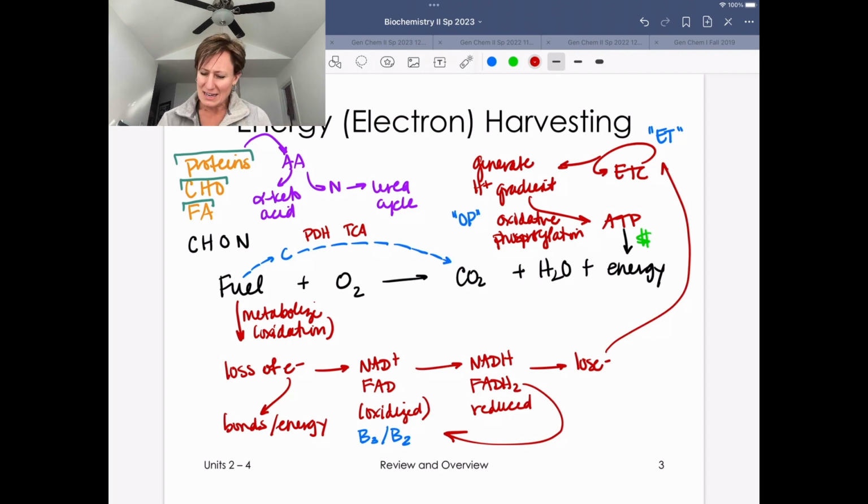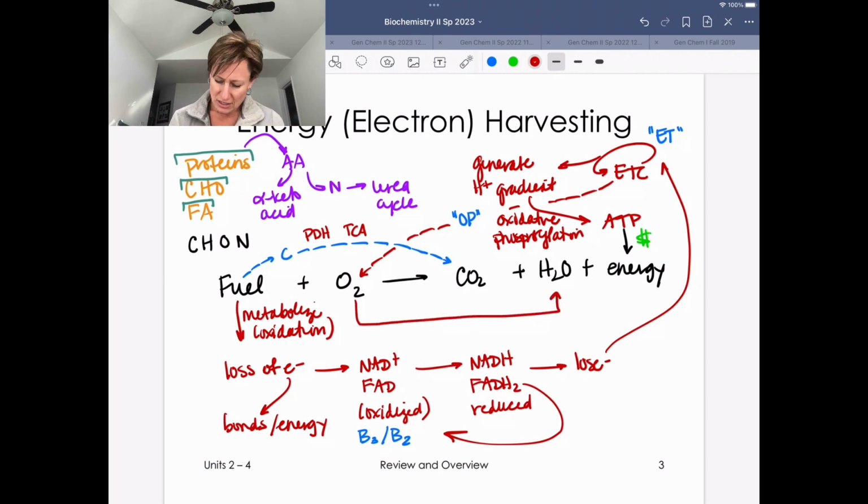That proton gradient gets dissipated. So the electrons then, once they exit the electron transport chain, I actually should show them going this way. We're going to take those electrons from the electron transport chain. They're going to come over here. They're going to get delivered to oxygen. Okay, and then that's how we generate water.